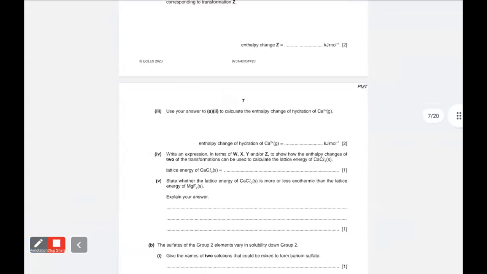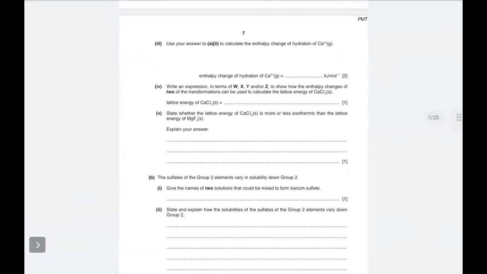Write an expression in terms of W, X, Y, and Z to show how the enthalpy changes of two of the transformations can be used to calculate the lattice energy of calcium chloride.